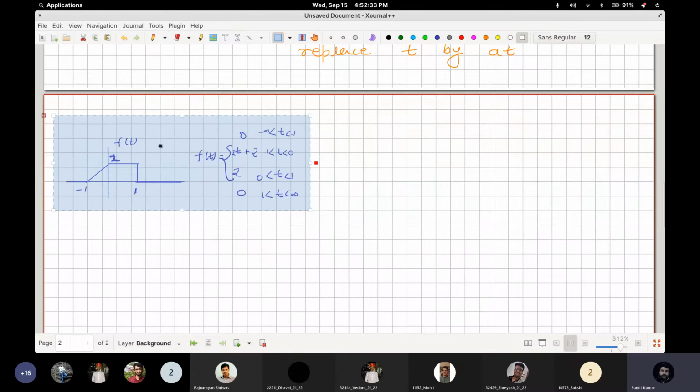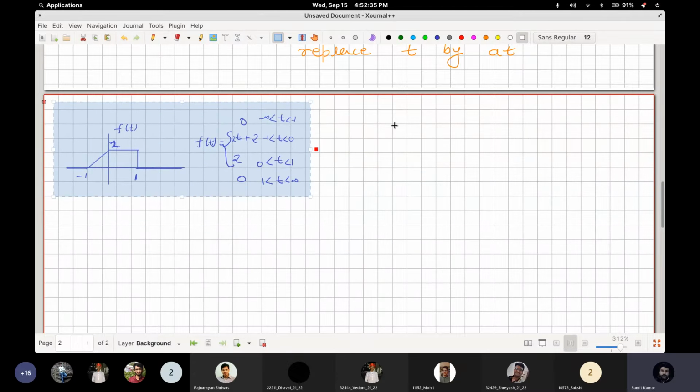Okay, so this is the function, and f of t is given, and we want f of 2t. So instead of t, we will have to put 2t, right? So what will f of 2t be equal to?